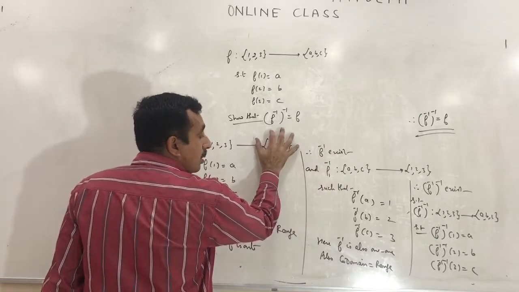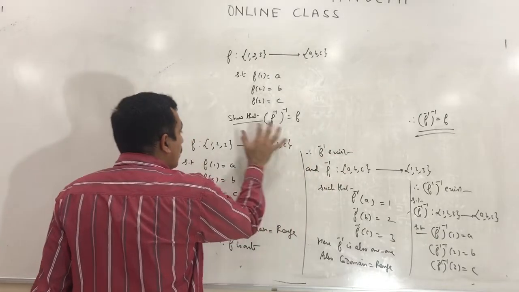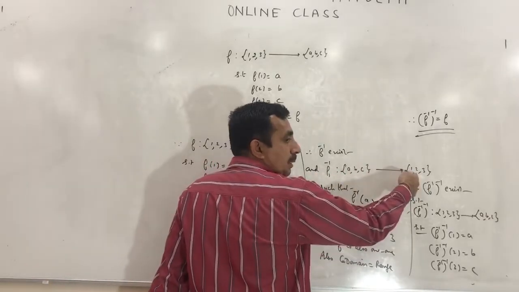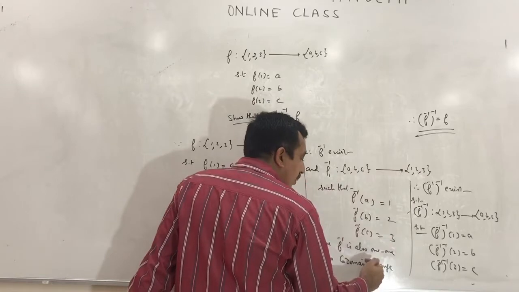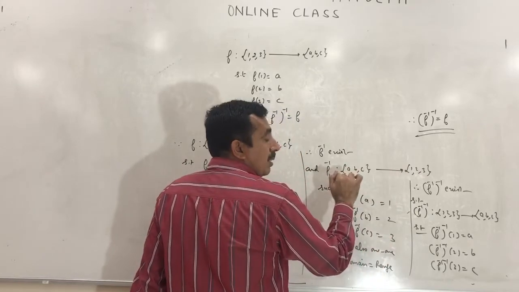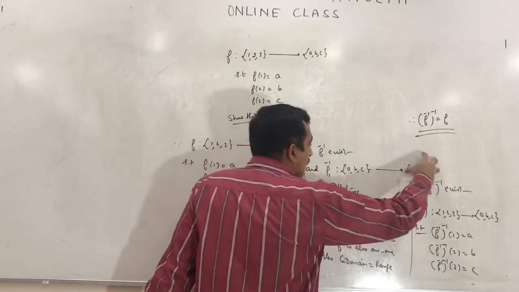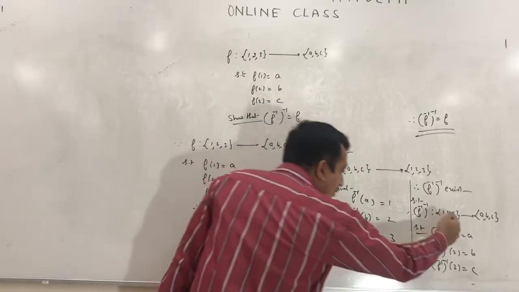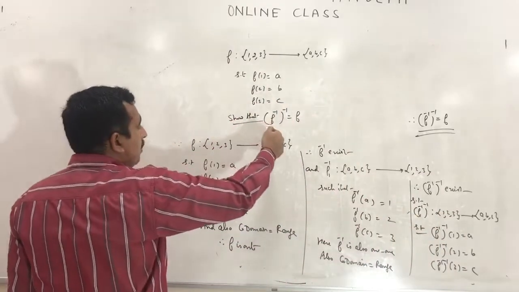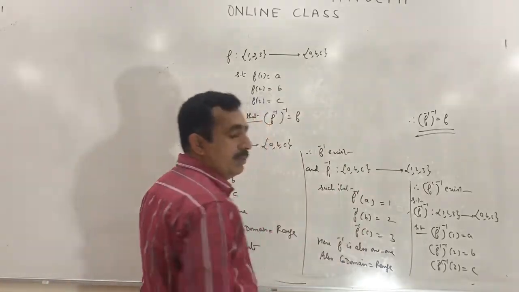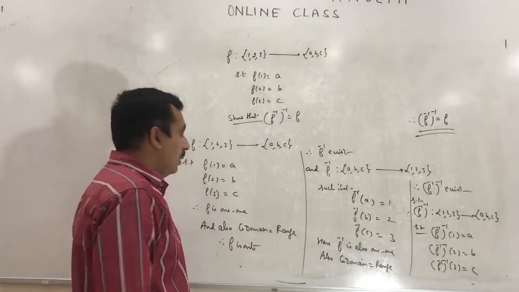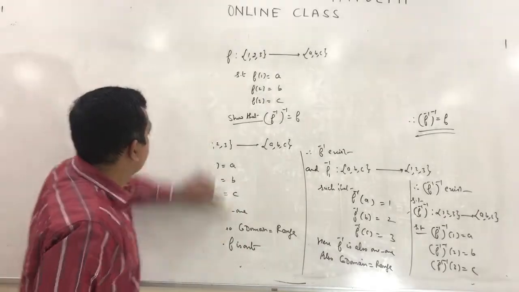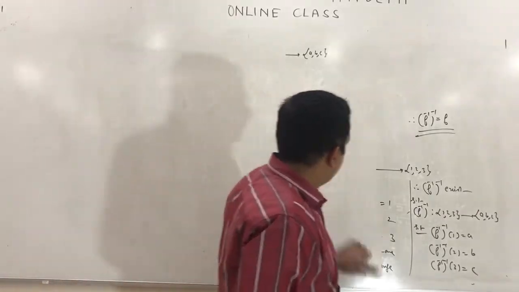Inverse starts from codomain to domain. When all these values and these values are the same, therefore inverse of inverse is equal to f. So inverse exists when the function is one-one and onto both.